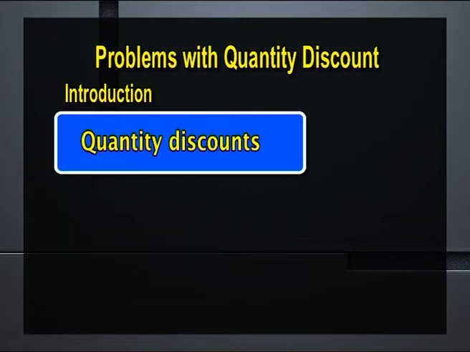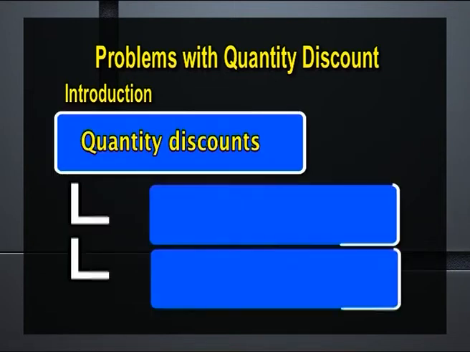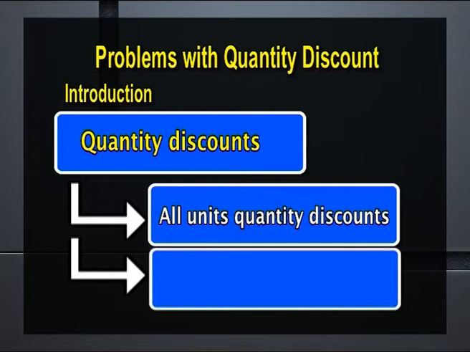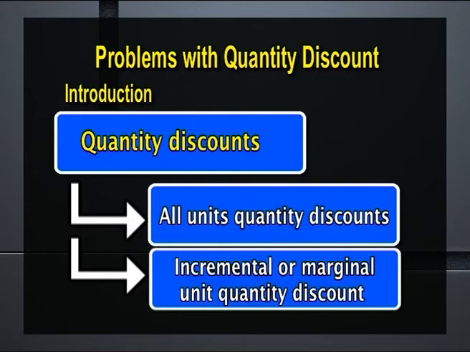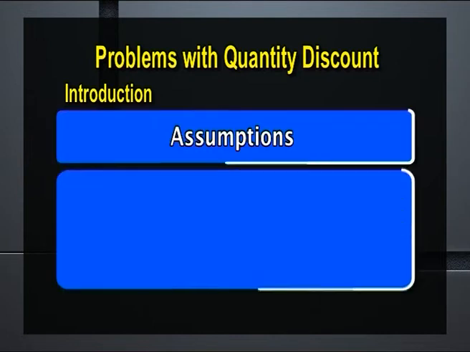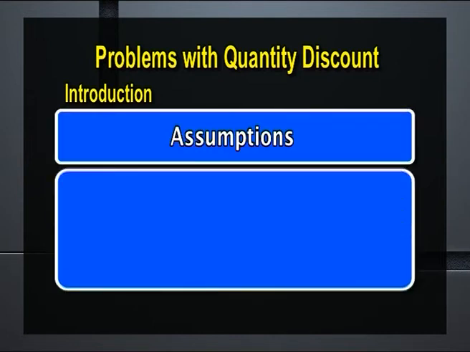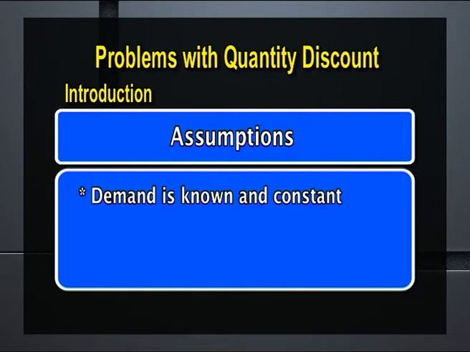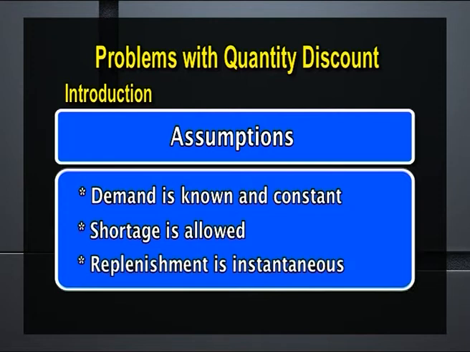Quantity discounts are usually offered in one of the following two ways: all units quantity discounts, and incremental or marginal unit quantity discounts. Assumptions are as follows: demand is known and constant, shortage is allowed, replenishment is instantaneous.